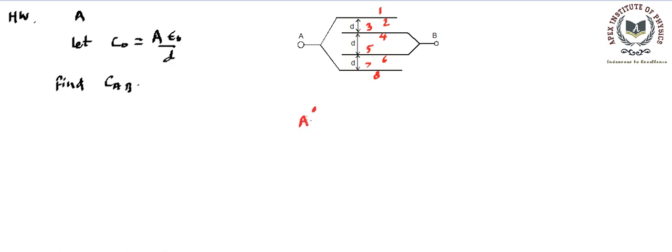So let's start from point A. We know these are conductors. Conductors can always be redrawn, keeping the same connection. So from this we are going to connect face number 2 and face number 7. Let's say the two faces that are supposed to make a capacitor are face 2 and face 7.